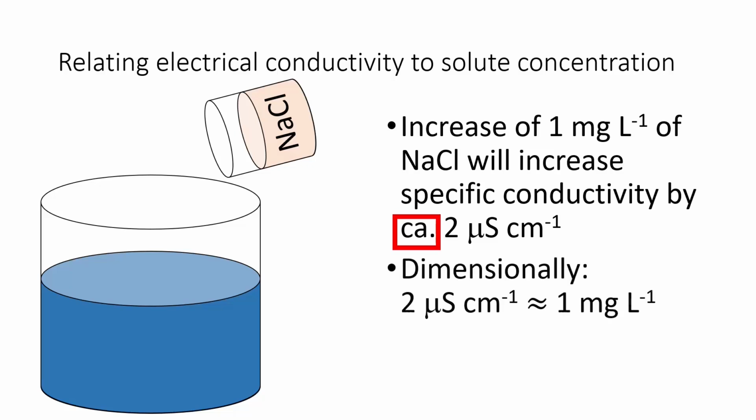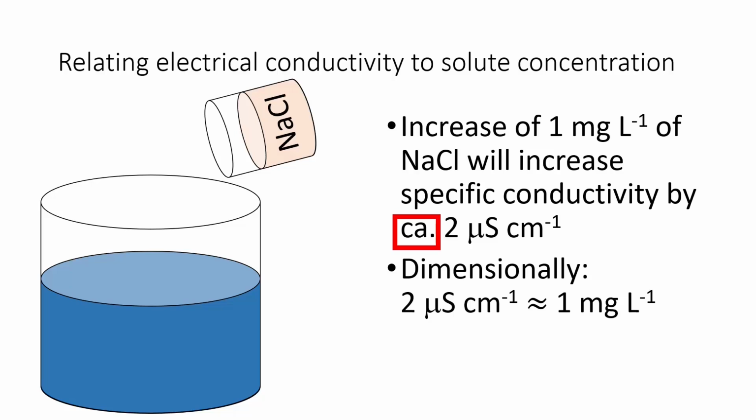Now what's kind of cool about the abstractness of dimensions is the units don't matter. And we know that 2 microsiemens per centimeter change is consistently tied to 1 milligram per liter, no matter what conductivity we're talking about in the ranges of fresh waters that we're dealing with. That means we can treat microsiemens per centimeter dimensionally just like a concentration.